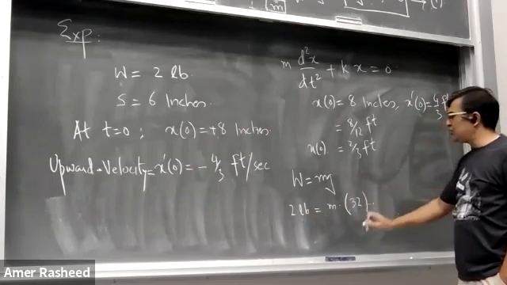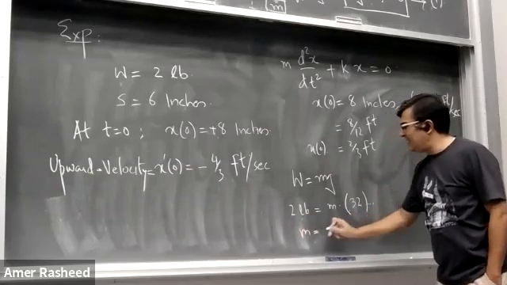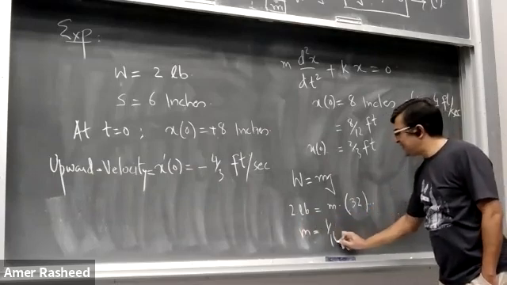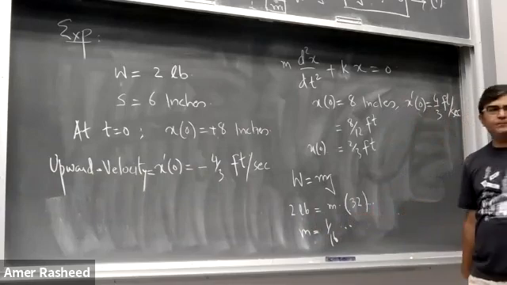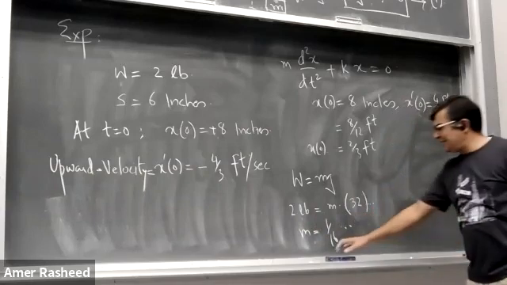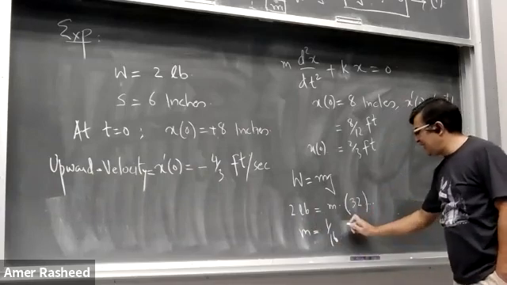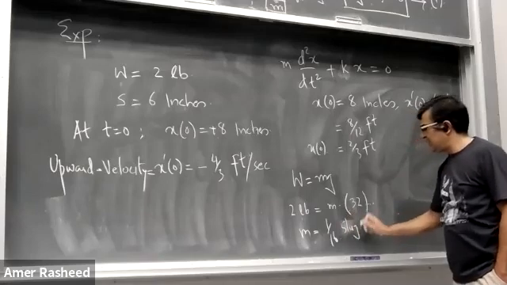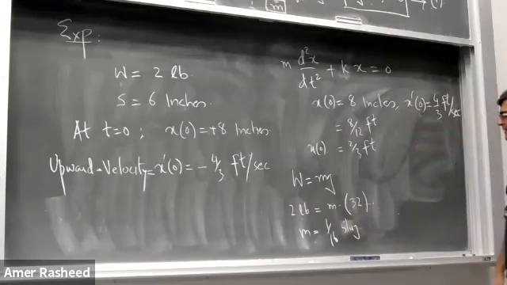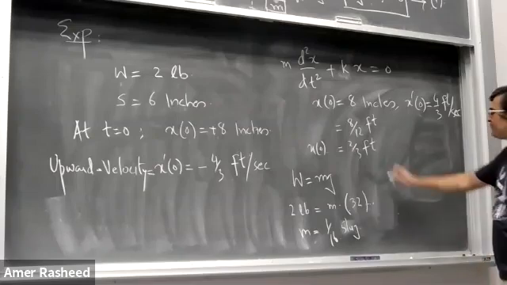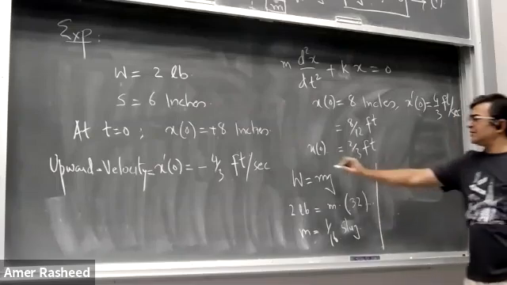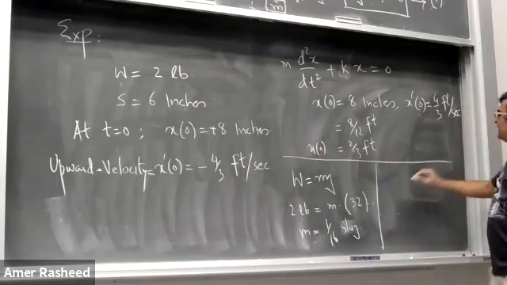You can see in my notes. From here you can find the value of m, which is 1/16, with some units, I think slug. You can check that. So m has come from here.